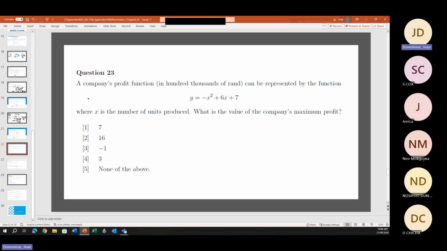So let's look. A company's profit function in hundreds of thousands of rands can be represented by this function, where X is the number of units produced. What is the value of a company's maximum profit?